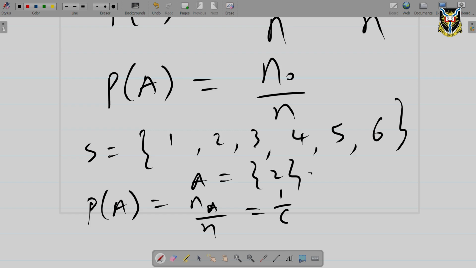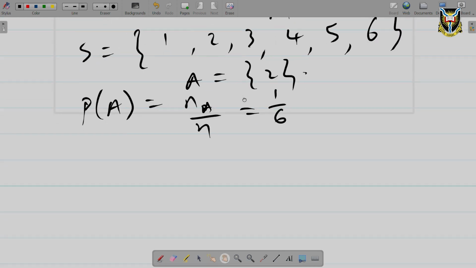So this will be 1 over 6. Okay, so probability of A will be 1 over 6, which is the probability of outcome 2 occurring in a throw of a die. This is an example of what we refer to as the classical view of probability.